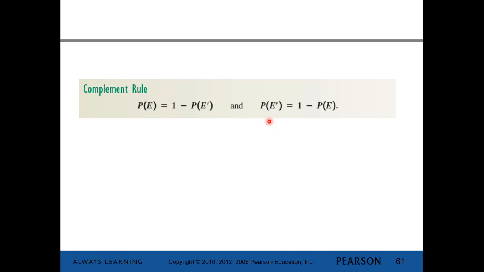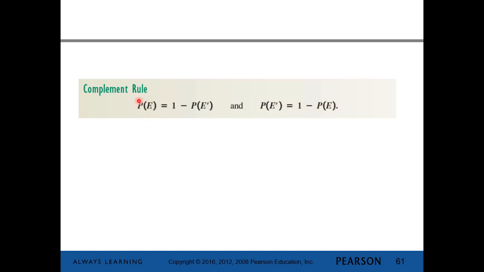And this is where the complement rule comes in, because if we take the event that something occurs, and we take the event that it doesn't occur, the probabilities of those 2 events must add up to 1, right? So I am just solving for one of the 2 events, because this event plus this event must add up to 1.